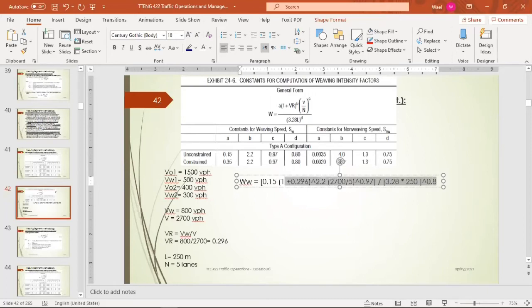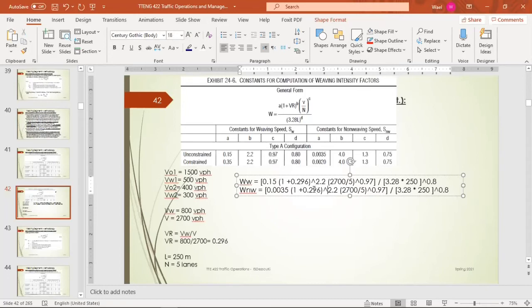Okay, now we want to calculate the weaving intensity for the non-weaving. For the non-weaving, we are going to put this here. Point how much? 0.0035. We work on this column. These are the A's and B's and C's for determining the speed of the non-weaving. So this is 0.0035, that's A, multiplied by 1 plus VR, that's constant.